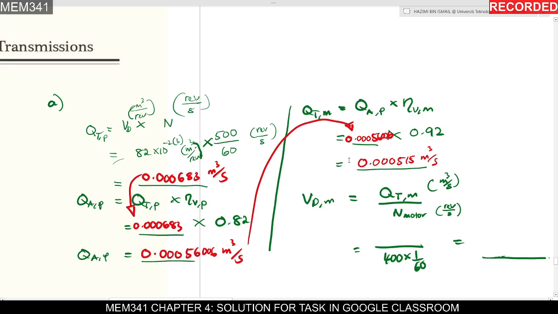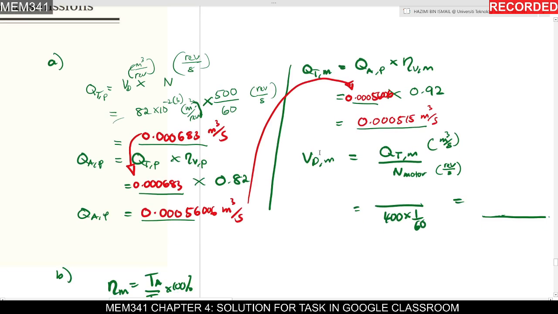Okay, by using this equation, flow rate equals volumetric displacement times the speed. So now we are going to use this equation for the motor. I rearrange that, then I will get the value of VD. VD here is the displacement of the motor.